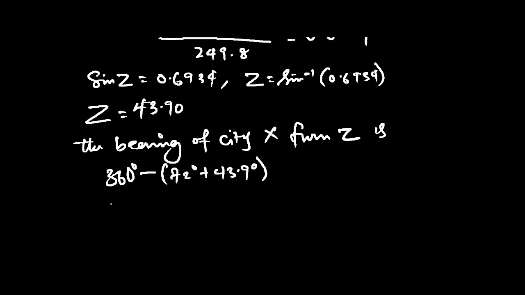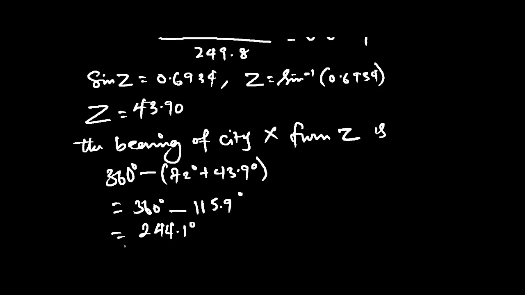Are you seeing this now? So this is going to be 360 degree minus 115.9 degree, and that will give me 244. Are you getting this now? That will be 244.1 degree.